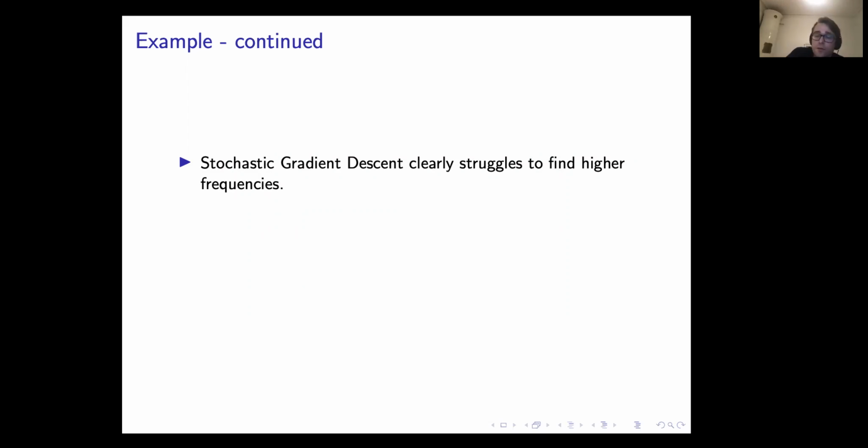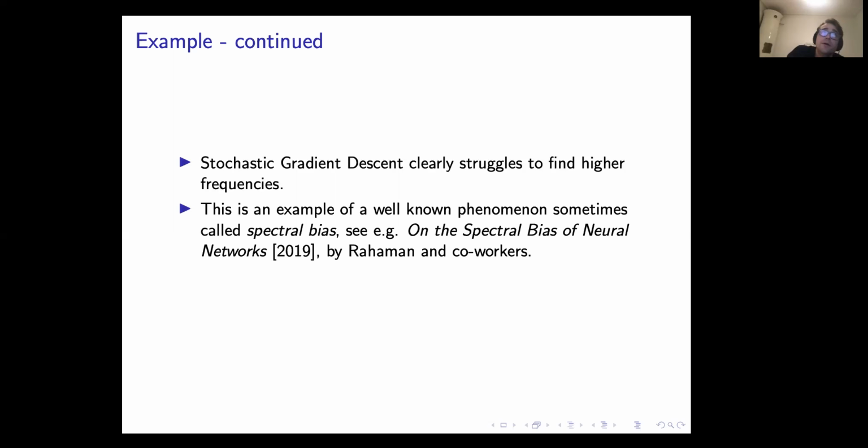Now, this is not something we were first to discover. In fact, there's quite a bit written about this phenomenon lately. It sometimes goes by the name of spectral bias. I imagine that the phenomenon as such is well known to the community and has been known for much longer than the last couple of years, though.